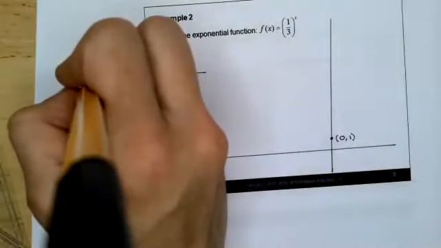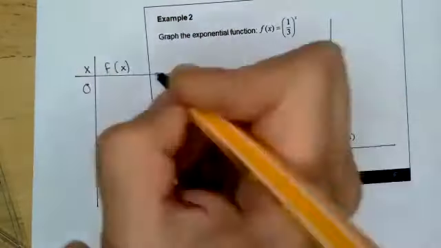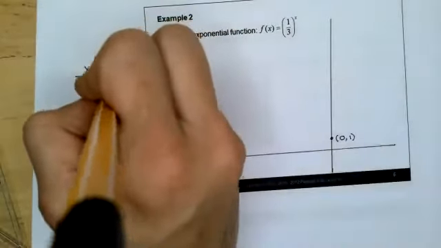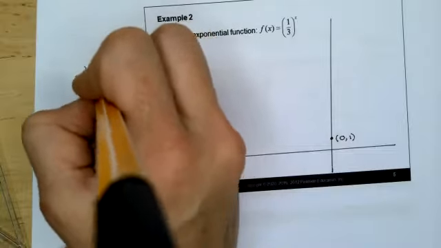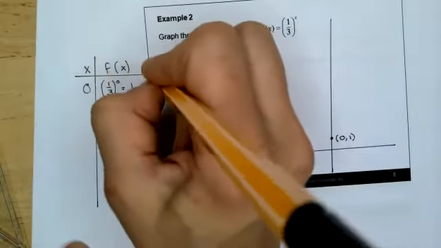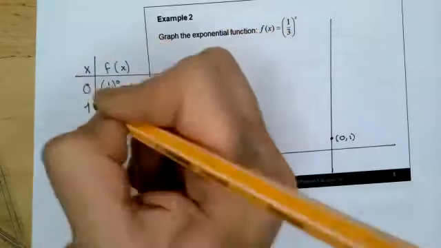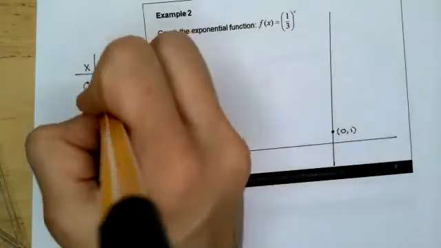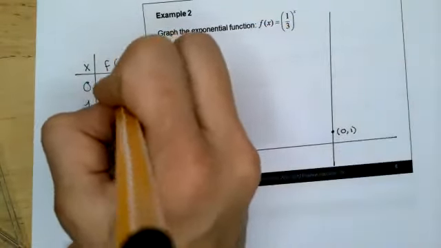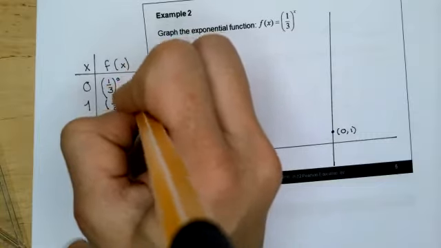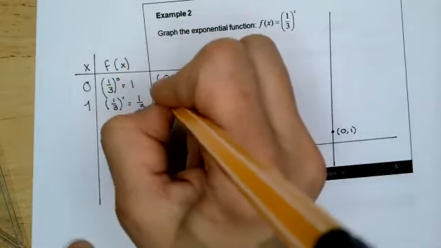So if x is 0, I know that f of x is going to be (1/3) to the power of 0. Even if it's a fraction, anything to the power of 0 is 1. So it's just the point (0, 1). If x is 1, taking 1/3 one time gives me 1/3 again.